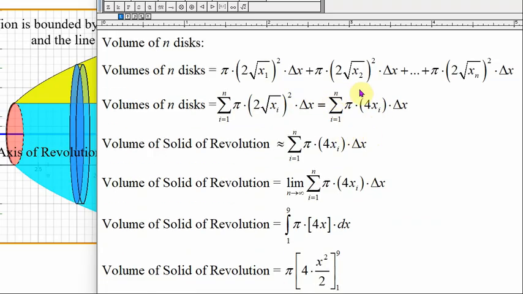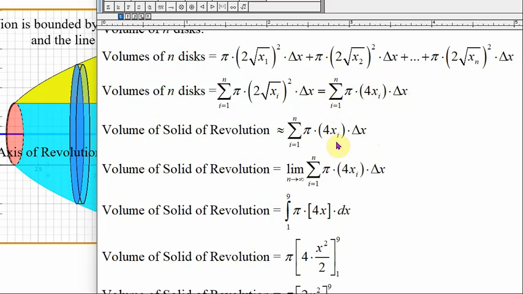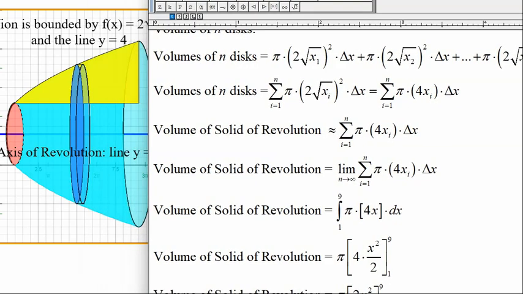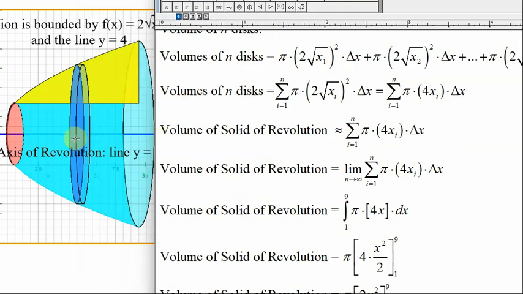So this sum is the volumes of n slices, and the volume of the solid of revolution would be approximately this sum. If we want the exact volume for the solid of revolution with no hole, we have to allow n to run to infinity, meaning we divide the solid into an infinite number of slices.